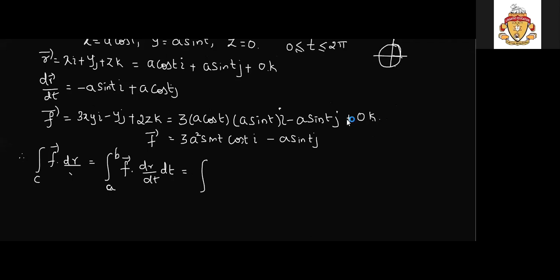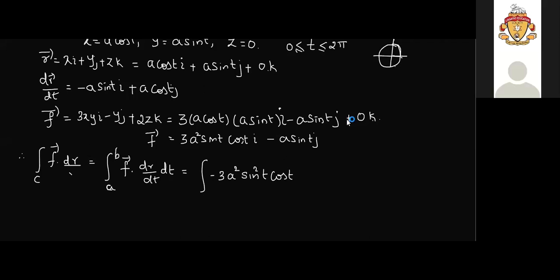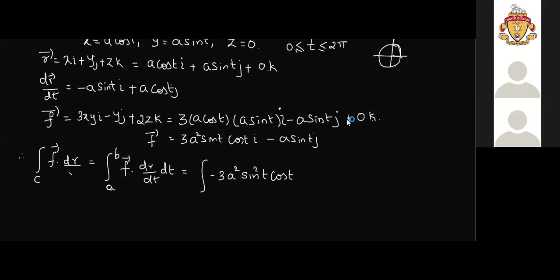Take the dot product directly here and write down the terms. So multiply the corresponding i coefficients. What will we get? 3a square sin t cos t into minus a sin t. Minus 3a square, sin into sin is sin square, and cos t as it is. Sorry, a cube. Yes, very good.